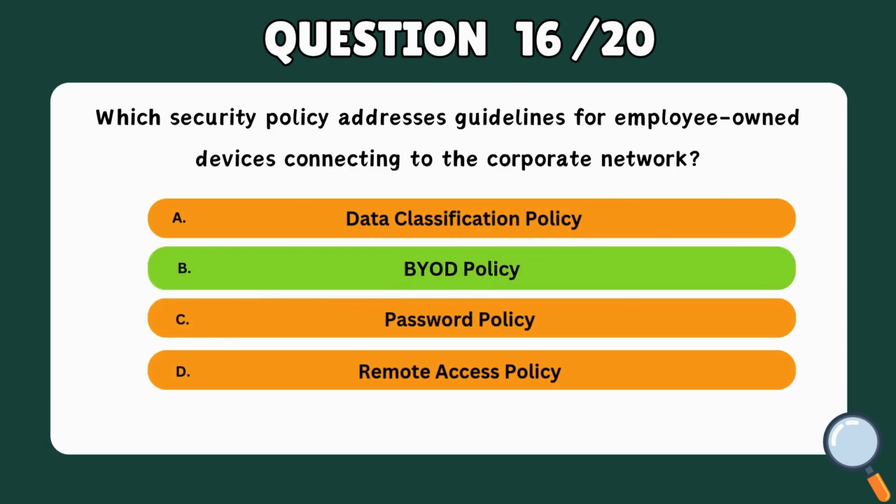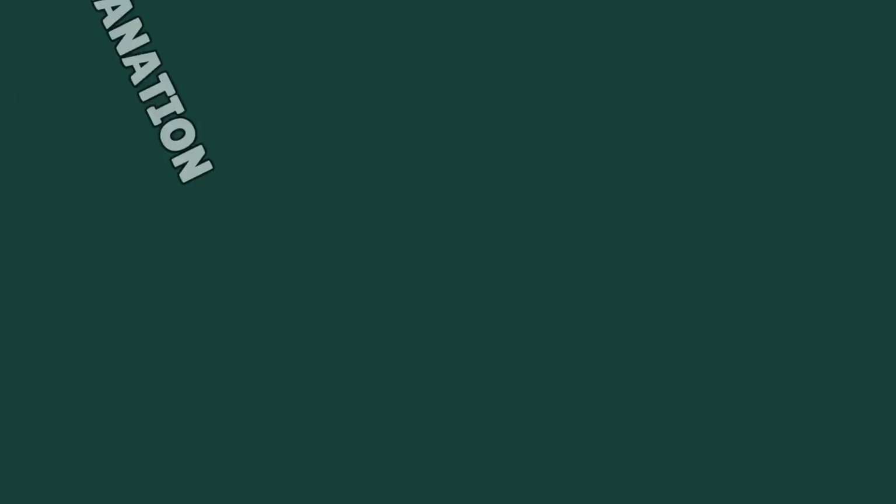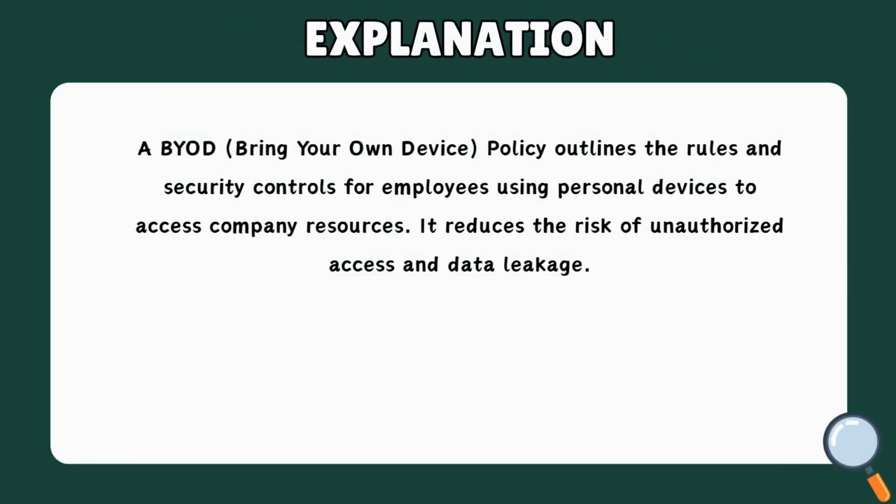Correct answer: B. BYOD policy. A BYOD, bring your own device, policy outlines the rules and security controls for employees using personal devices to access company resources. It reduces the risk of unauthorized access and data leakage.